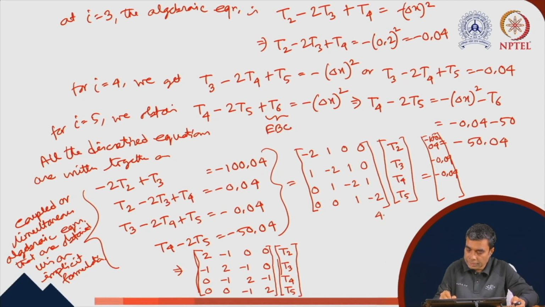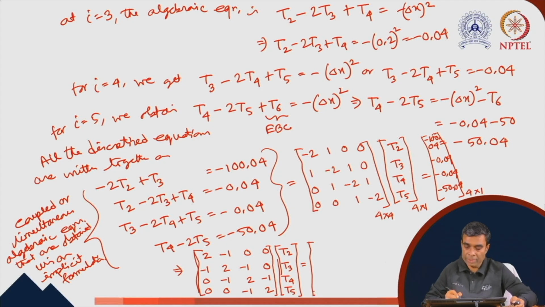So this is a 4 by 4 square matrix equation system. This is a 4 by 1 vector and this is a 4 by 1 vector. Here the right hand side load contribution was minus 50.04. So the sign of the right hand side load vector will change. All the quantities will be positive. So now it is 100.04, 0.04, 0.04 and then finally it is 50.04.